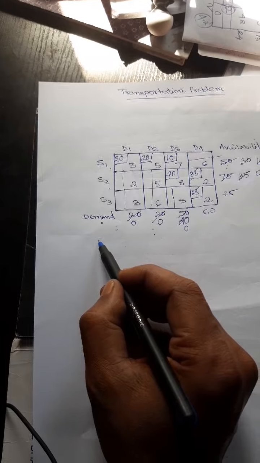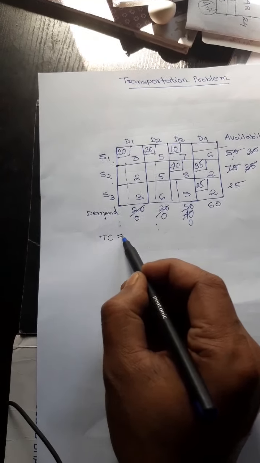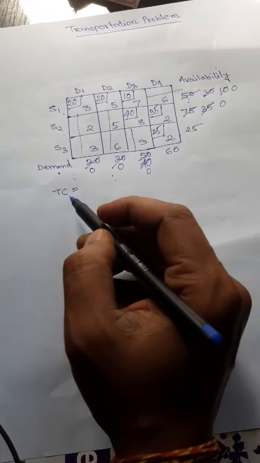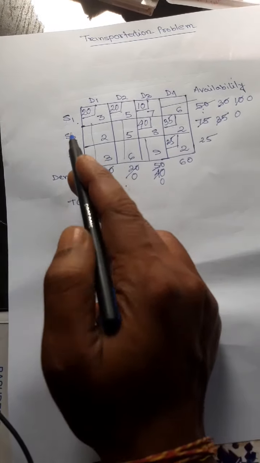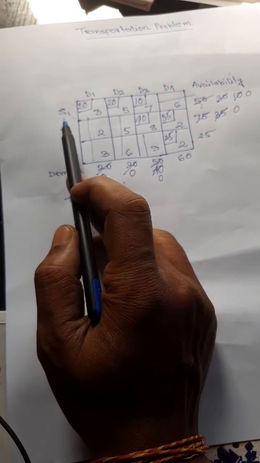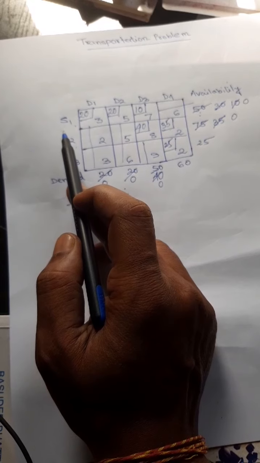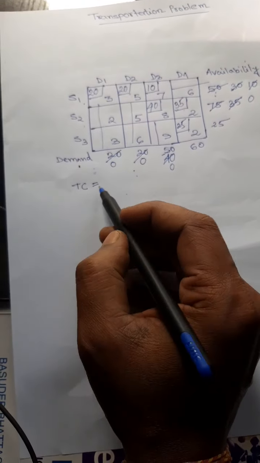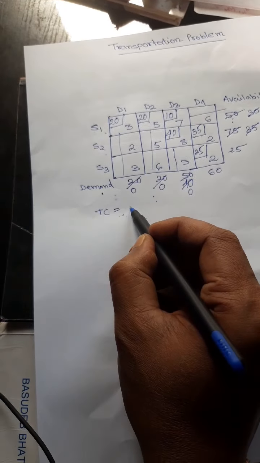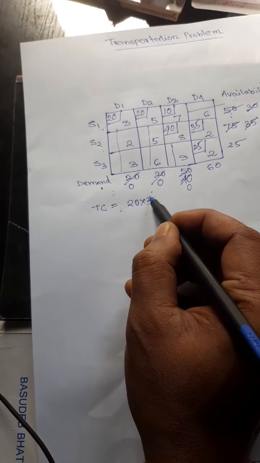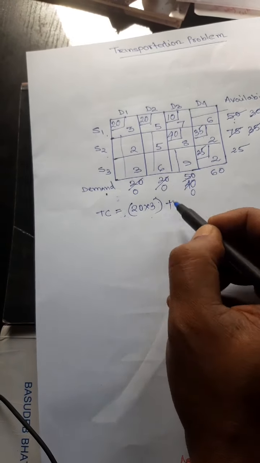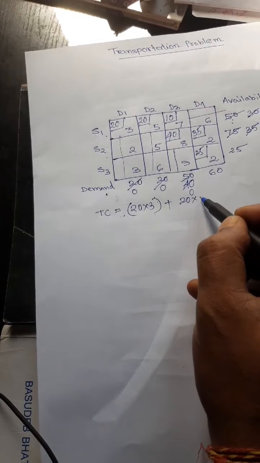Now the total transportation cost will be, based on this particular method, 20 units distributed to destination point 1 from supply point S1. So total cost will be 20 into 3. Again 20 is distributed to destination point 2.